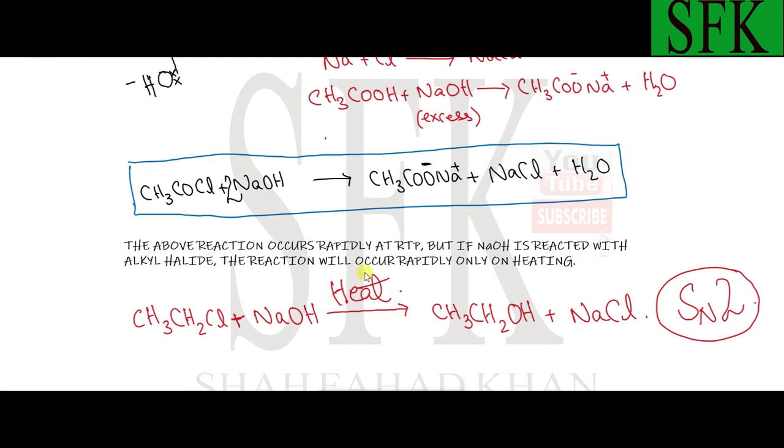So heating is required again, and in the above reaction no heating was required, and the reaction occurred rapidly at RTP. So the reaction of the alkyl halide with NaOH under heat produces the ethanol and NaCl.